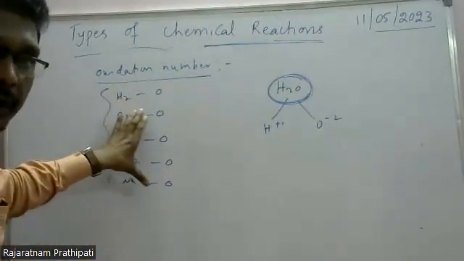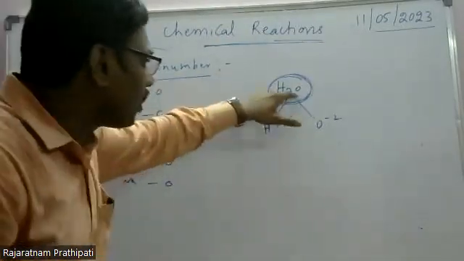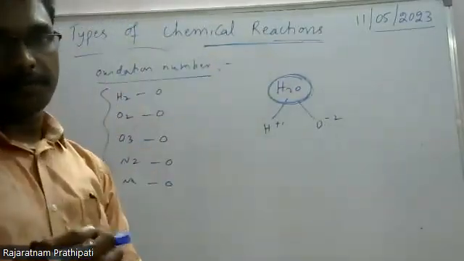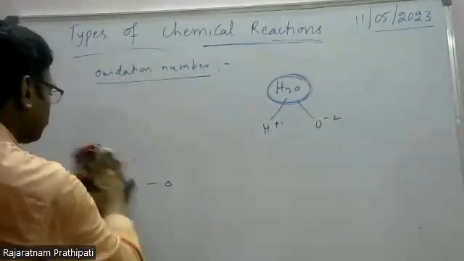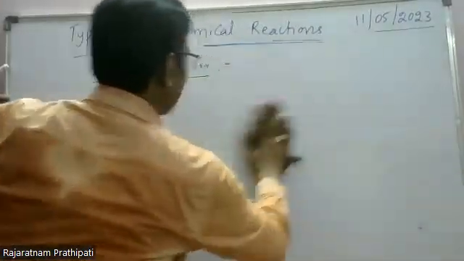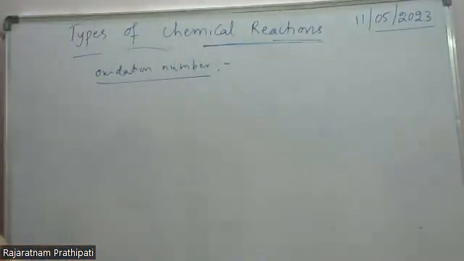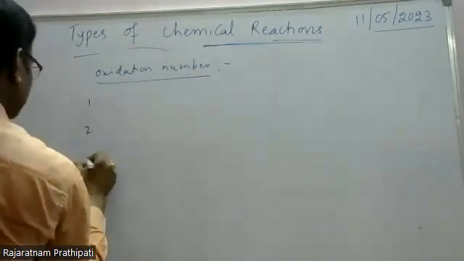Oxidation numbers are exhibited in compounds only. That's why, to determine the oxidation state or oxidation number in compounds, we have some set of rules.